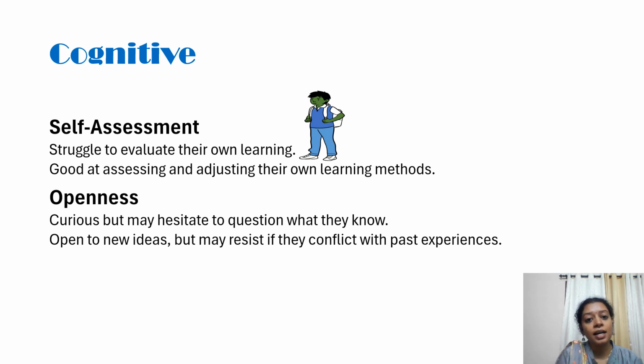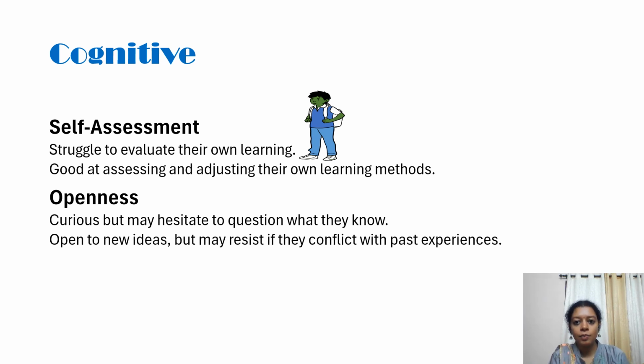But in the case of adults, they are generally good at assessing their own progress, so they can adjust their learning accordingly. Okay, they use learning methods based on what works best for them. Okay, so we can say that adolescents need help with self-assessment, but adults are more skilled at evaluating and adapting their learning.